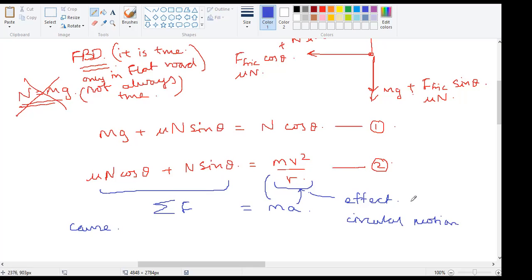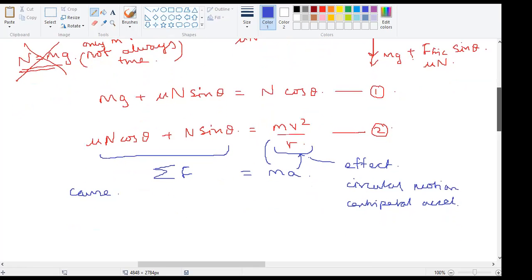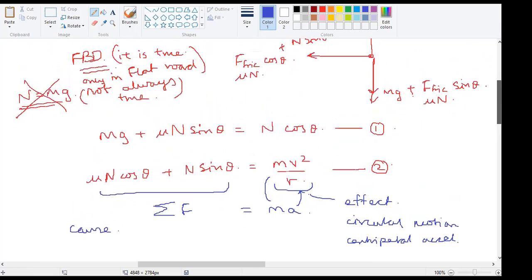So that means it is centripetal acceleration. Since it is acting towards the center, it becomes mv squared by r. If it was linear, I would have kept it as ma. Since it is rotational, I'm writing it as mv squared by r. That's all. So take it down properly.